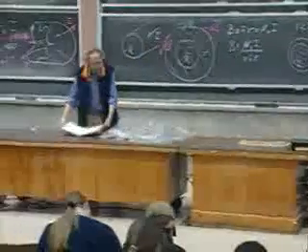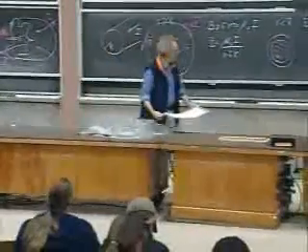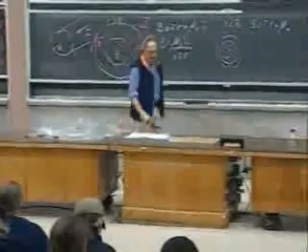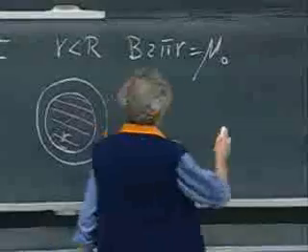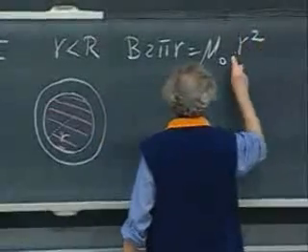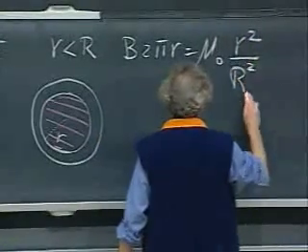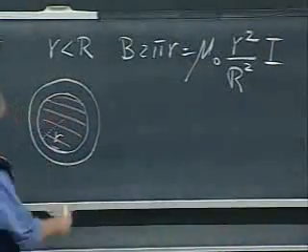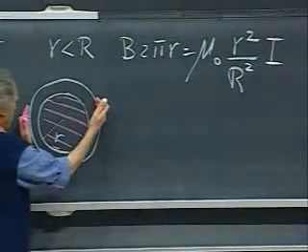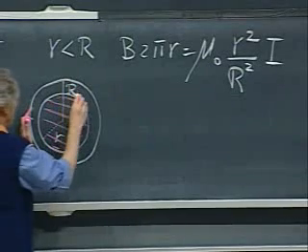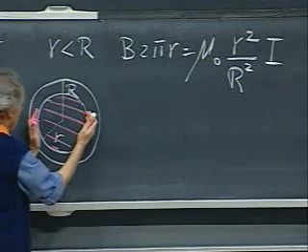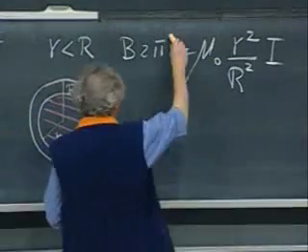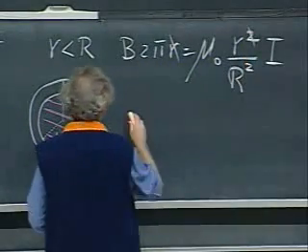Because now not the full current I is penetrating my surface, but only a fraction. And the fraction that penetrates the surface is little r squared divided by capital R squared times I. You see, because the total current comes through the radius capital R, but I only have now a circle with radius little r. And so I lose one r here, and so you get a very different result.